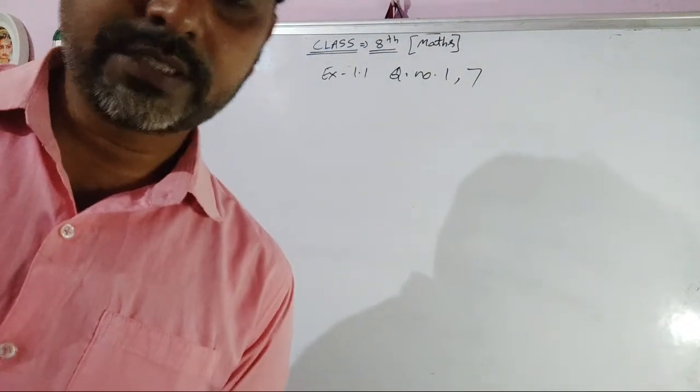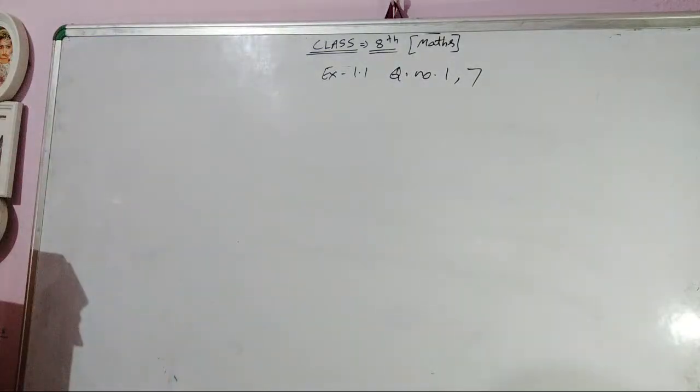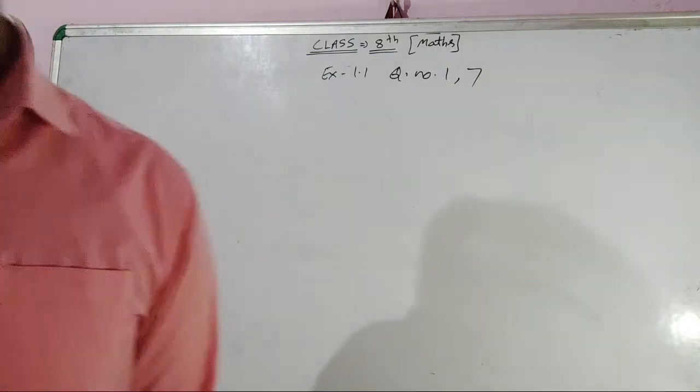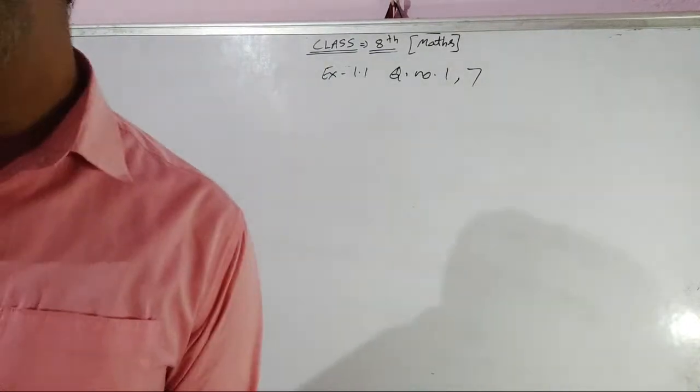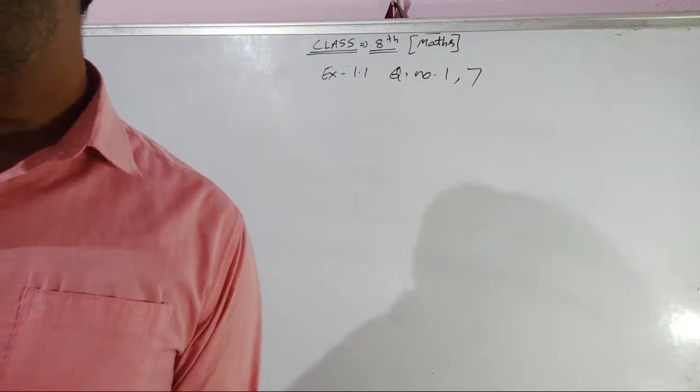Okay, let's see. Just a minute. Okay, in exercise 1.1, the first question is: using appropriate properties, find out. So look, as we have learned with the properties, in question number 1 there are 2 types of question, right?